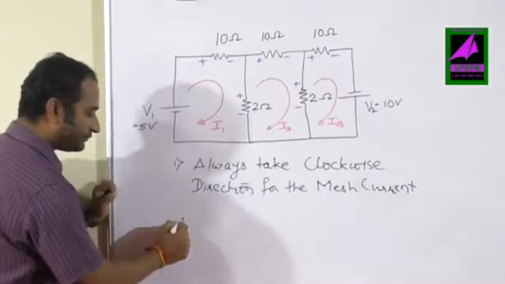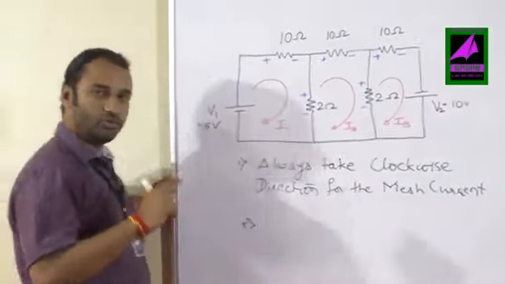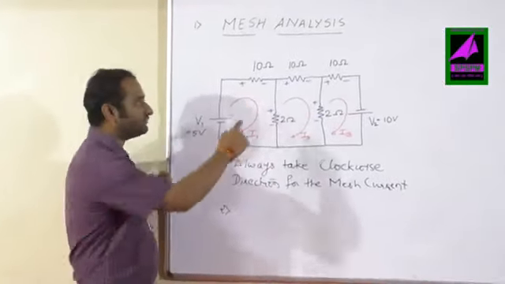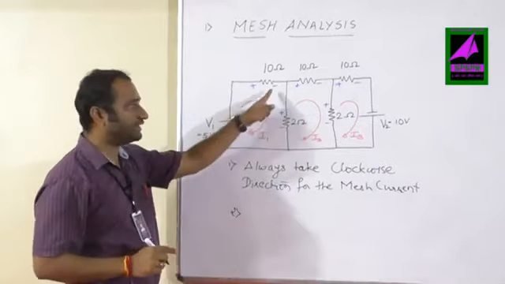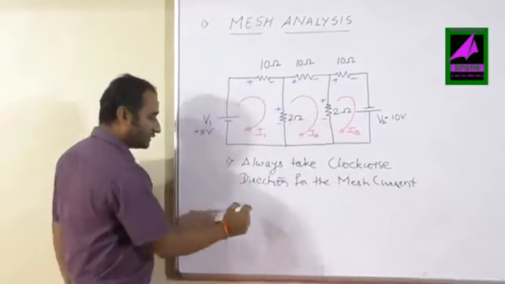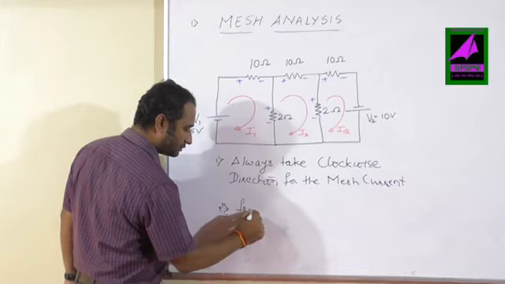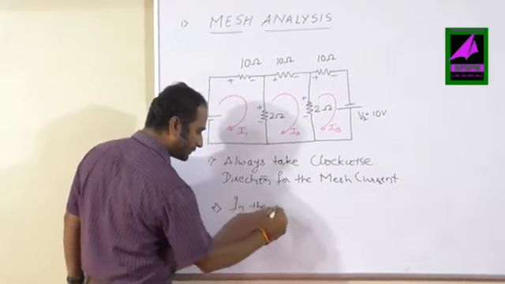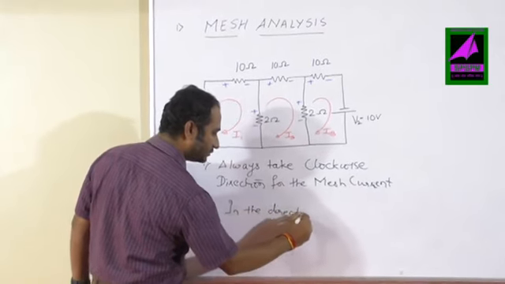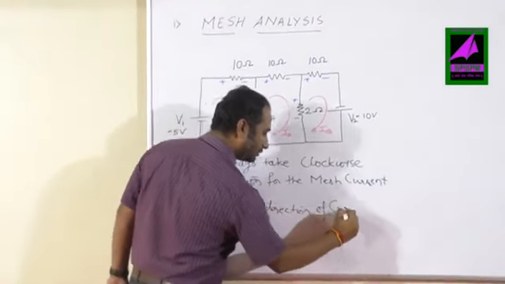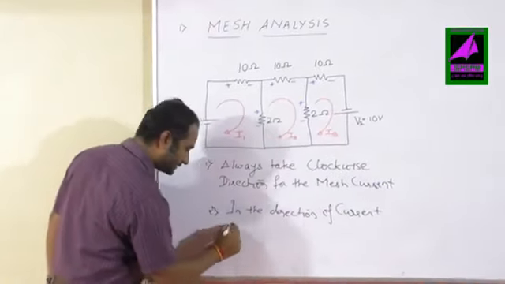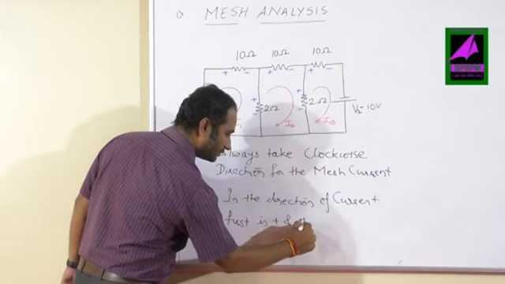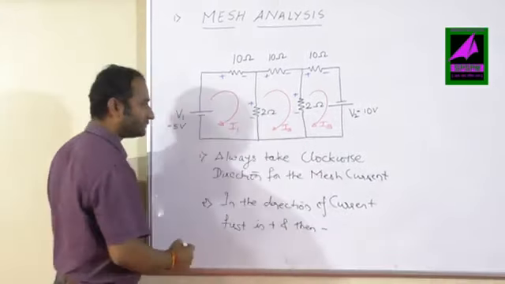The second rule is that whenever I move in the direction of the current through any component, first we will take plus and then minus. So in the direction of current, first is plus and then minus.